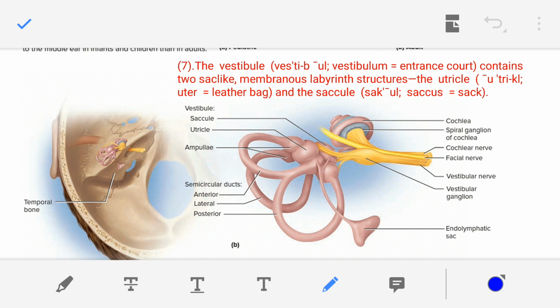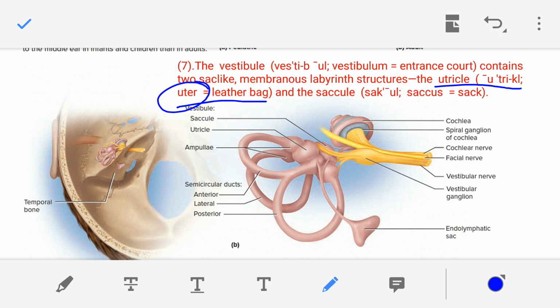Now the components of the vestibule. The vestibule contains two sac-like membranous labyrinth structures. One structure is known as the utricle. Utricle means leather bag. The original word is uter, so leather bag.